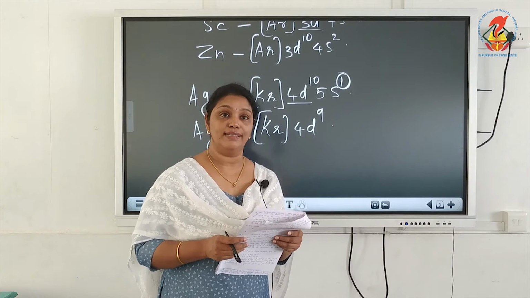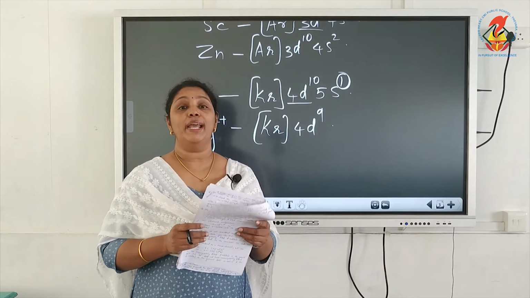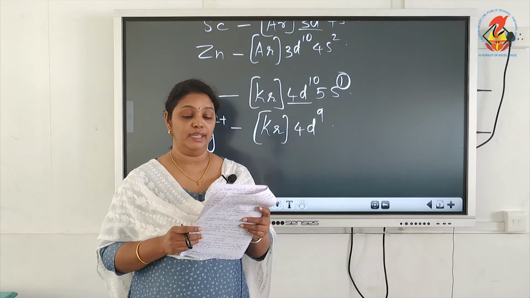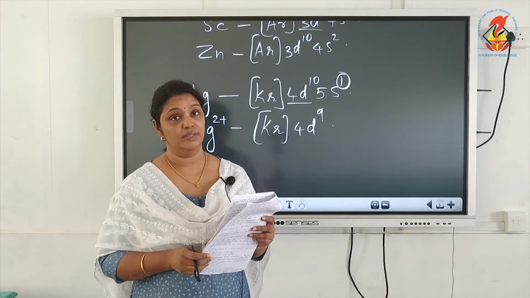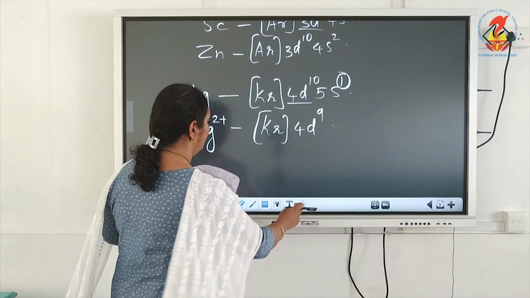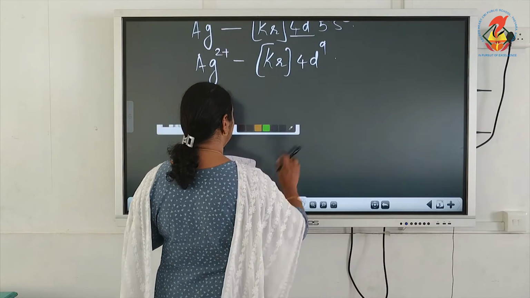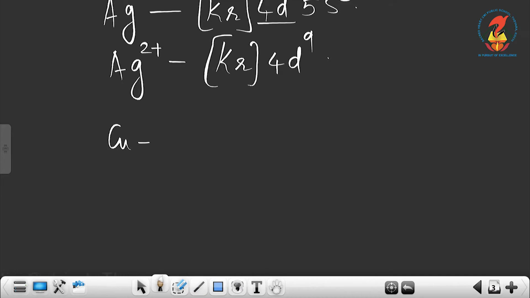Now next is question number 6. The copper atom has a completely filled d orbital in its ground state, but it is a transition element. Why? Again, we have to write the electronic configuration of copper. The electronic configuration of copper is argon 3d10 4s1.